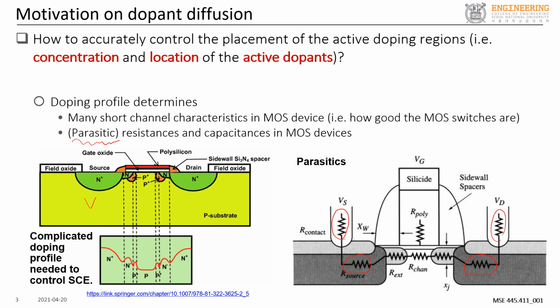So the doping profile will determine a lot of these parasitic resistances and capacitances. If we can, we want to control the doping profile so that we can optimize the performance of the transistor.